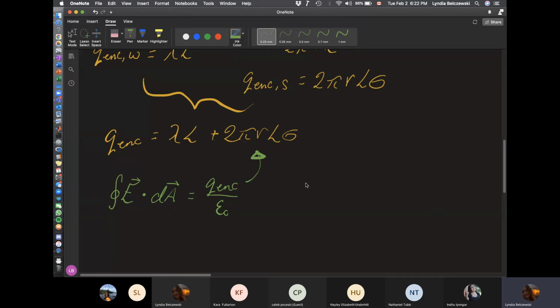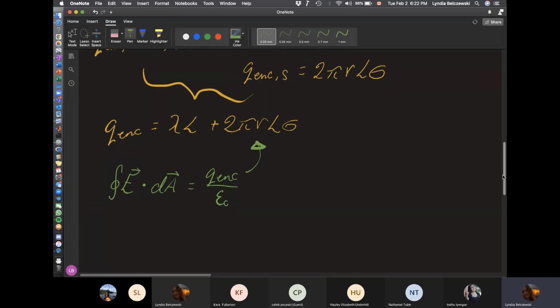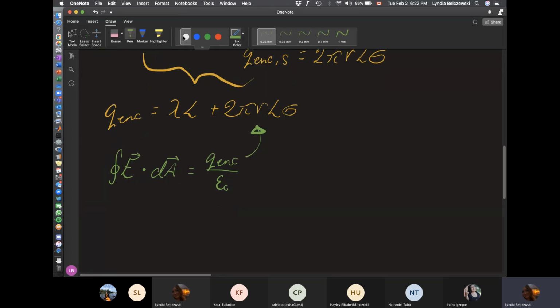That's great. Next, what we need to do is tackle the left-hand side of the equation and isolate the electric field. There are a couple of things we need to address. For one, we need to check that the electric field goes straight through our Gaussian surface at a 90-degree angle.